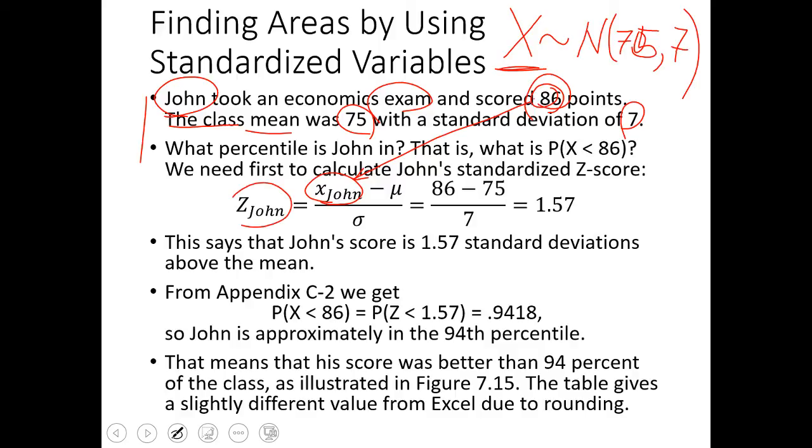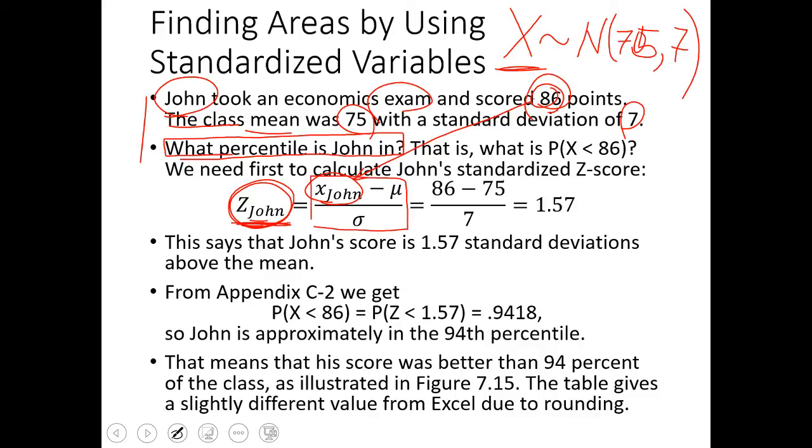First we normalize. What is the percentile of John? That is, the percentile in which John is included. So let's calculate the z-score. It is called normalization or z-score.